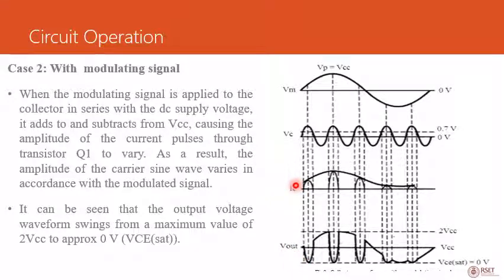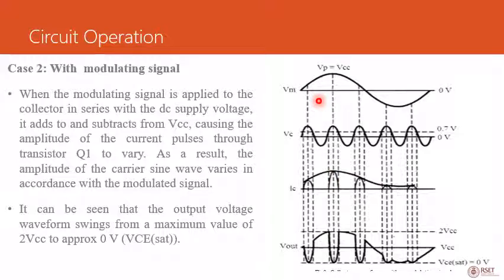Along with that, if you are giving the modulating signal to the collector in series with the DC supply voltage, it adds to and subtracts from the VCC, causing the amplitude of current pulses through the transistor Q1 to vary. As a result, the amplitude of the carrier sine wave varies in accordance with the modulating signal. It can be seen that the output voltage waveform swings from a maximum value of 2 VCC to approximately the VCE set, that is 0 volt.